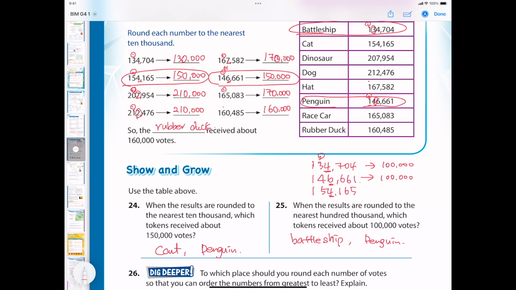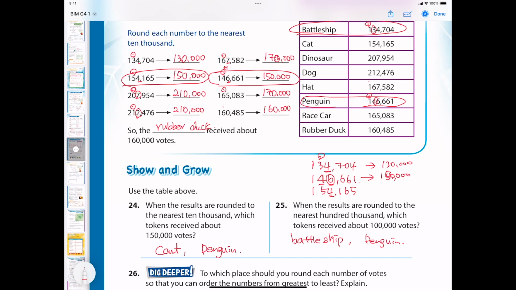When we round this into the 10,000s place, this becomes 130,000 when rounded down. And this becomes 150,000, because this 6 is greater than 5, so round up. So this 4 becomes 5.